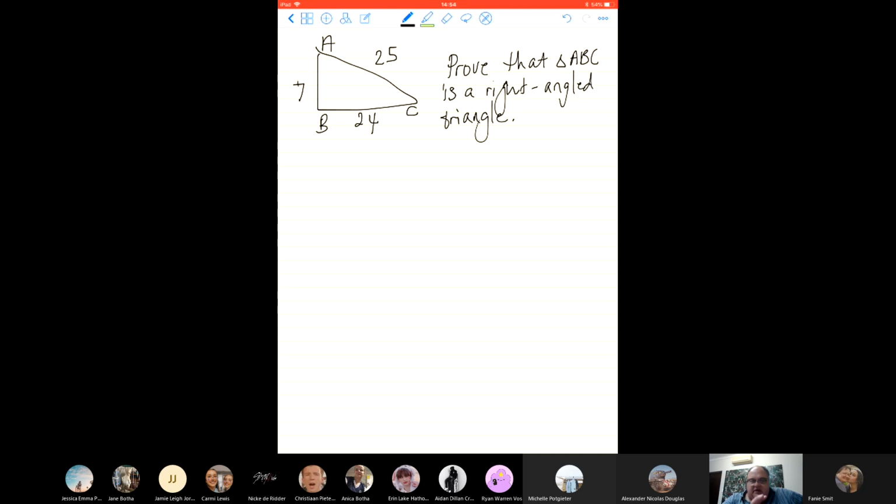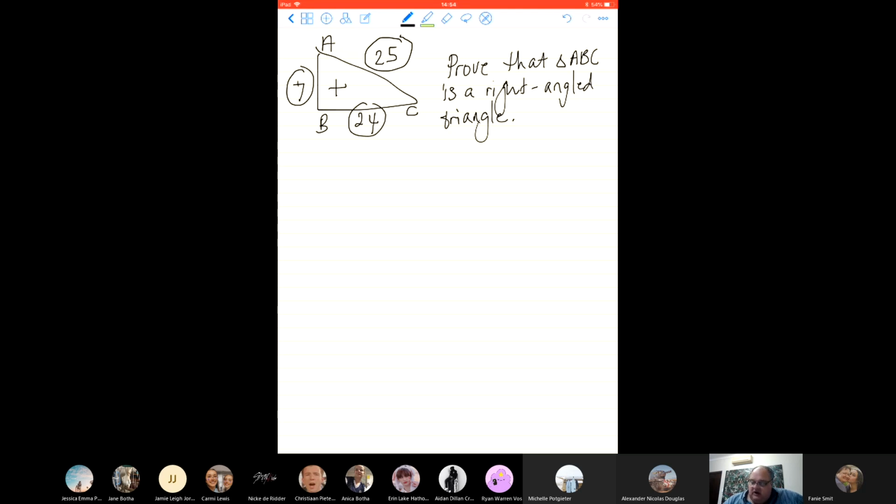Pythagoras says that the square of the longest side is equal to the sum of the squares of the two shorter sides. So the first thing I do is square all the sides. Remember, I have to prove Pythagoras.